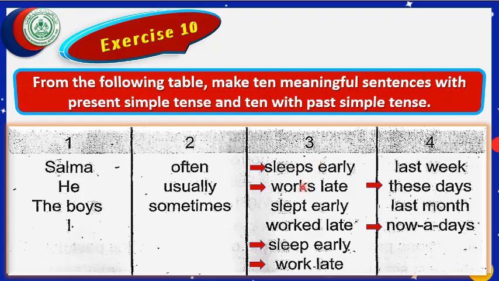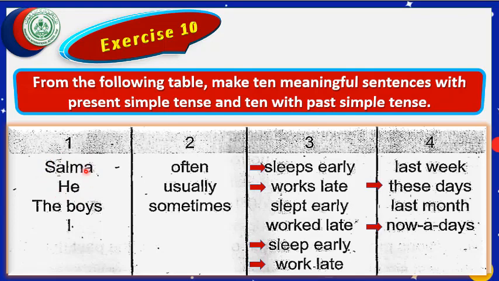Sleeps early and works late will be used with Salma and he, because these two are singular subjects. These two, Salma and he, are singular subjects.